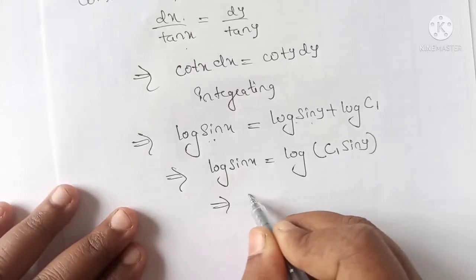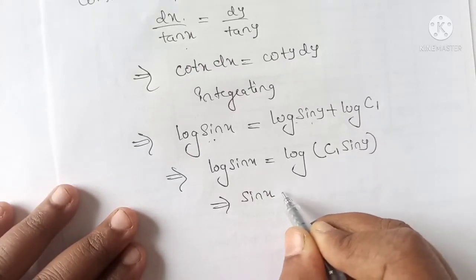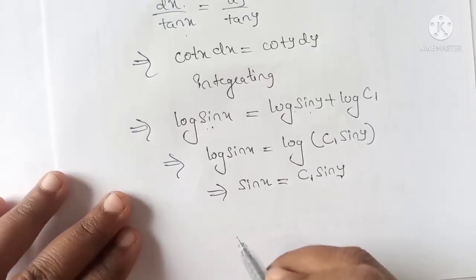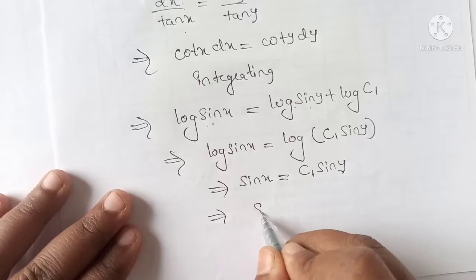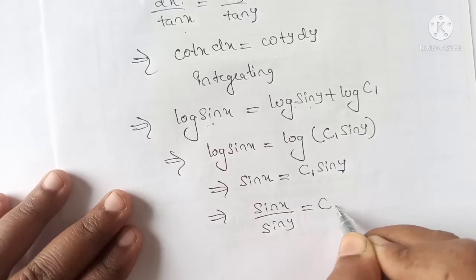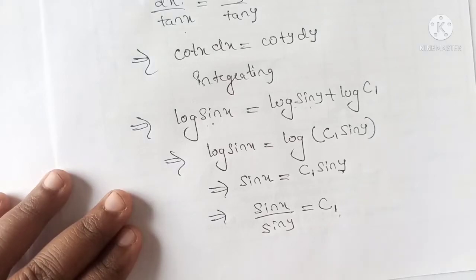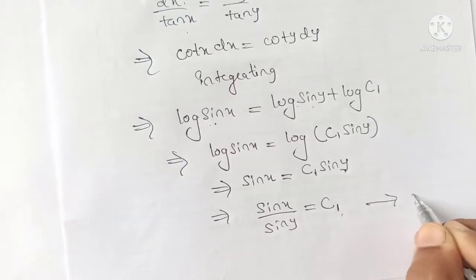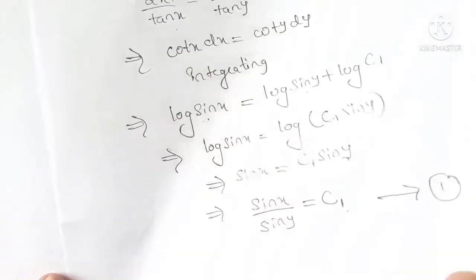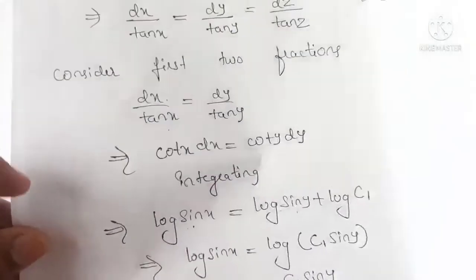The log gets cancelled, and we get sin x equals c1 into sin y, or we can write it as sin x divided by sin y equals c1. This is the first independent solution. Next, we find another independent solution.